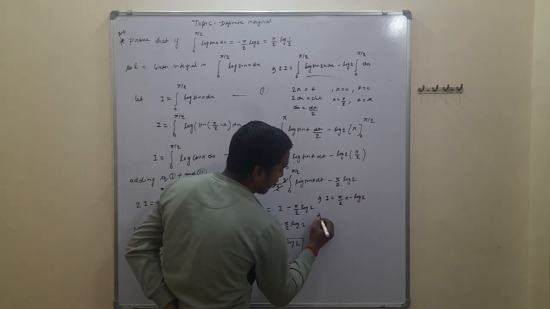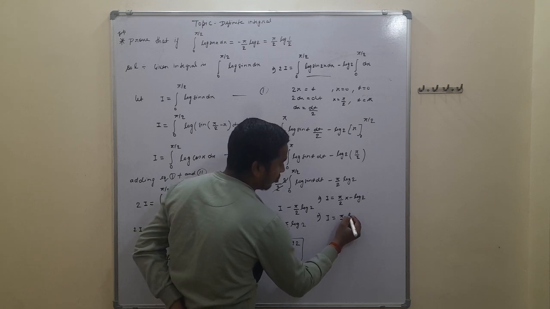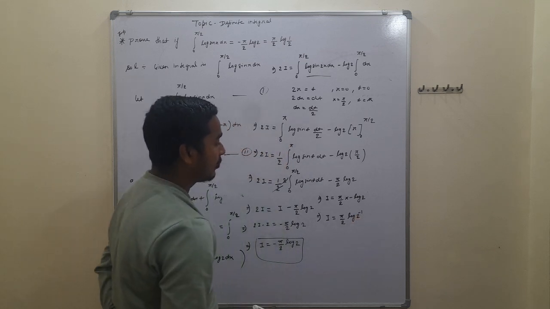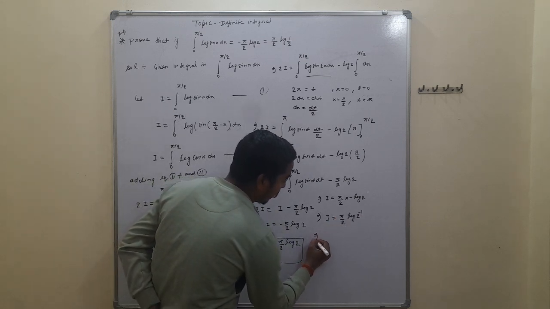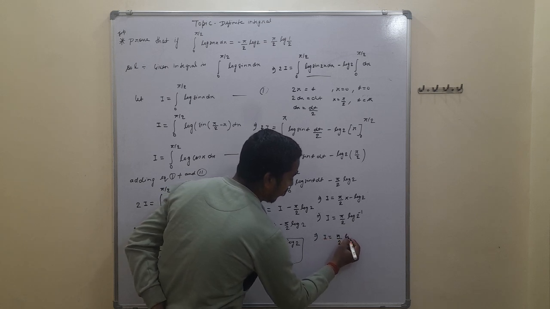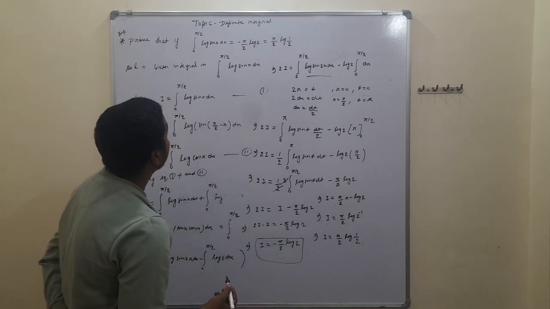This is written as I is equal to pi by 2 into log of 2 to the power of minus 1, and 2 to the power of minus 1 is taken to the numerator. This gives I is equal to pi by 2 log of 1 by 2, and this is the final solution.